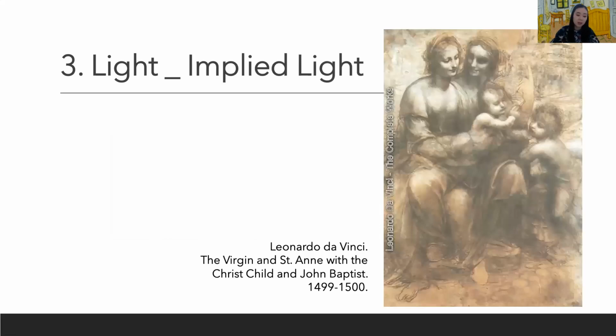So this is an example to show implied light modeling mass, a drawing by Leonardo da Vinci from the Renaissance. There is no defined line on the figures, but you can feel there is a light in this drawing. This technique is called chiaroscuro, which means light and dark.